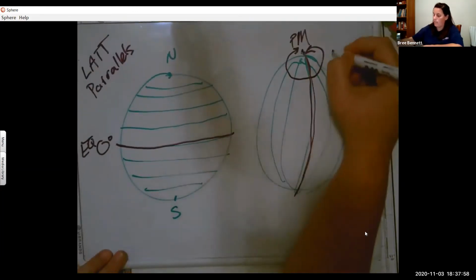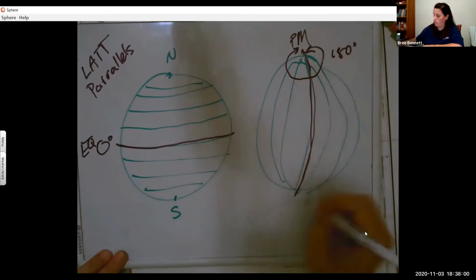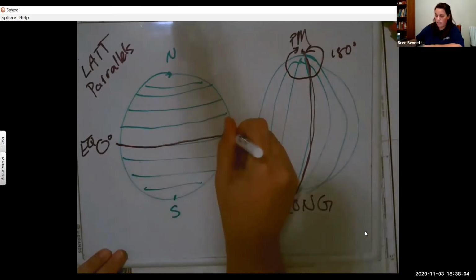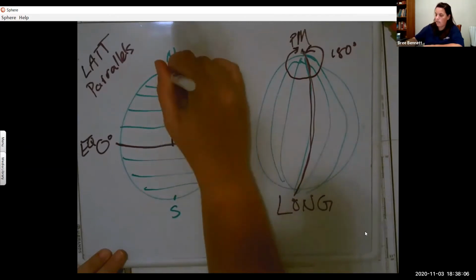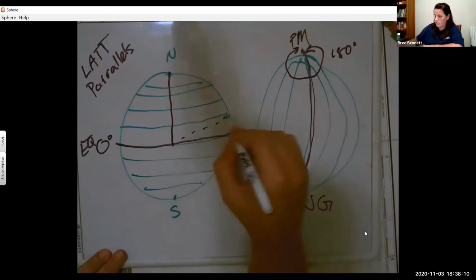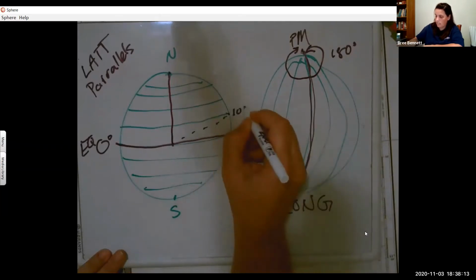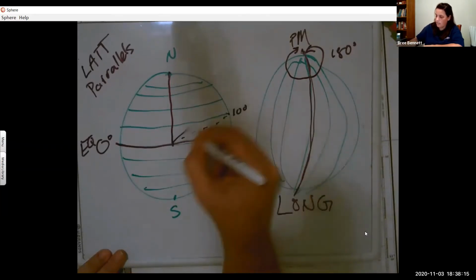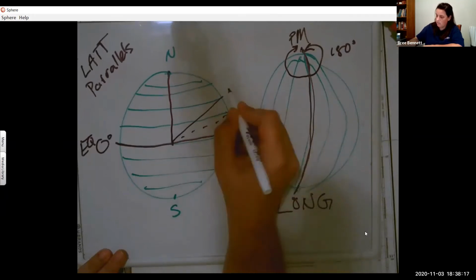So we have a 180 degree range for longitude. For latitude, it can go from 0 up to 90. So if I was to measure this, maybe we call that 10 degrees. If I was to measure this, maybe we call that 40 degrees.